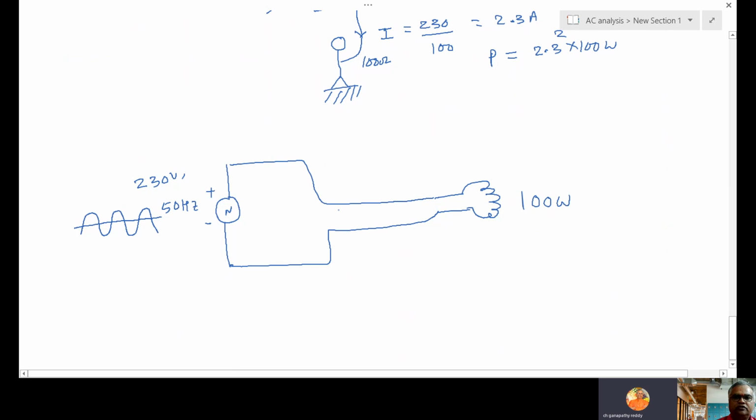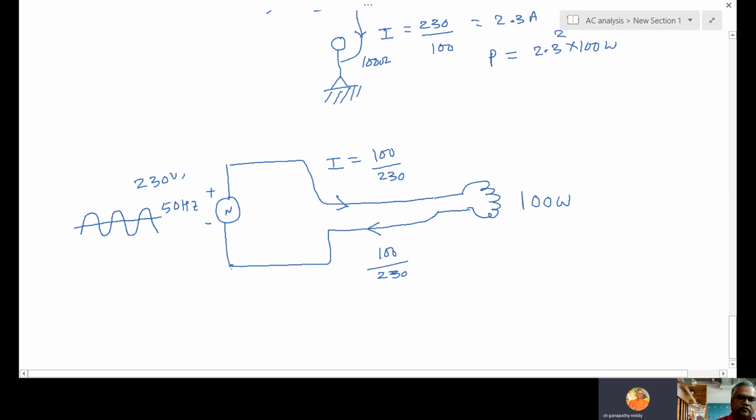Now current will flow, na? How much current will flow here? This current is 100 divided by 230. This is the current flowing through the filament, again coming back. How much current will come back? Again same, 100 by 230.